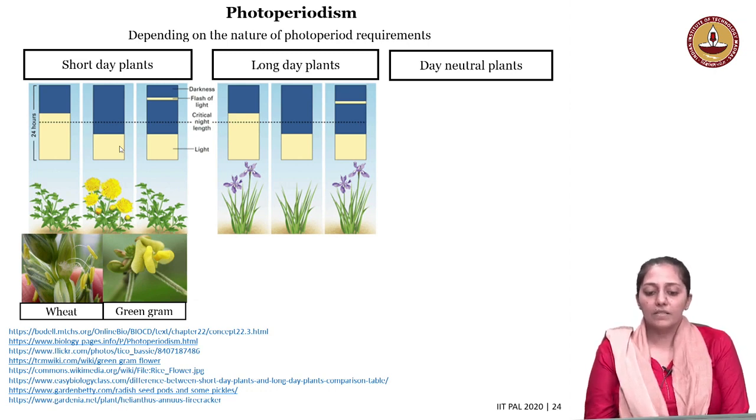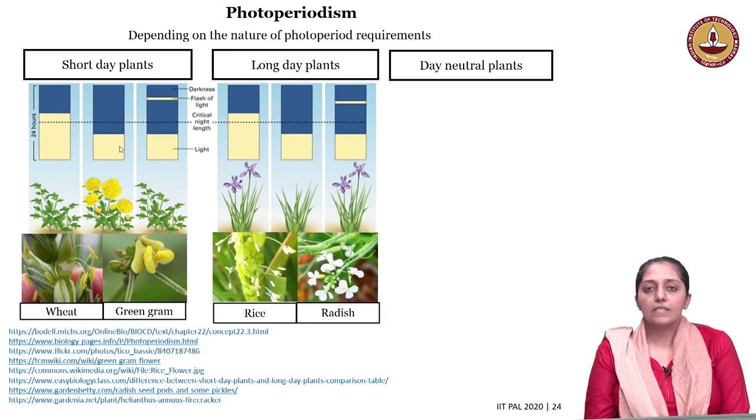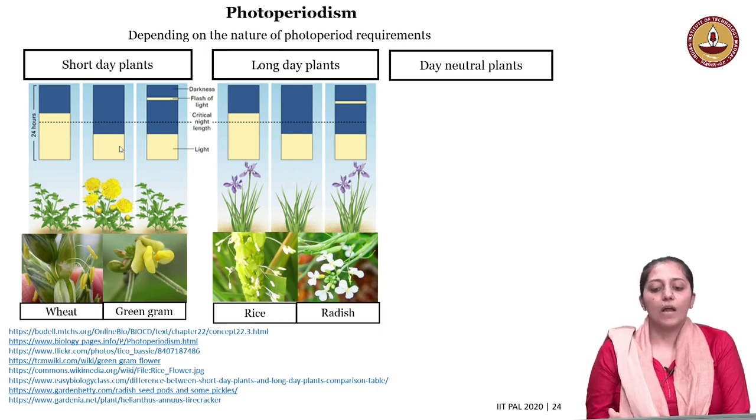In long day plants, like for example rice and radish, a longer duration of photoperiod is required, and if the light illumination period is less, then it may impact flowering.